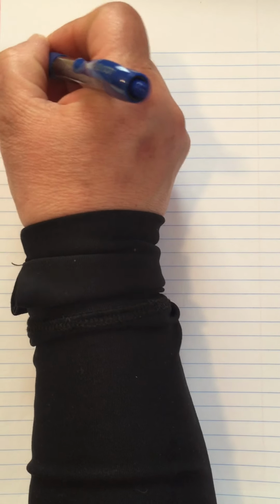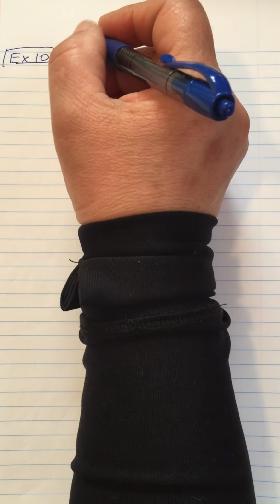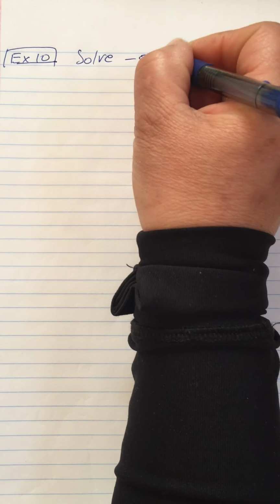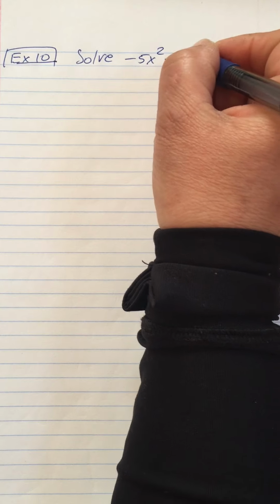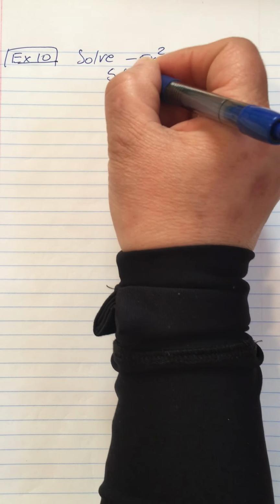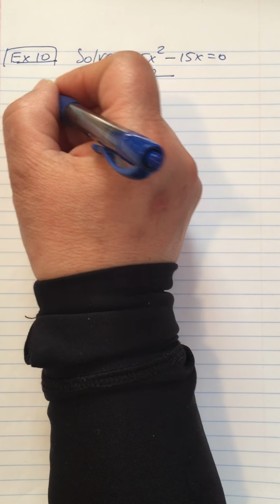Example 10. I want to solve negative 5x squared minus 15x is equal to 0. Let me rewrite the equation.